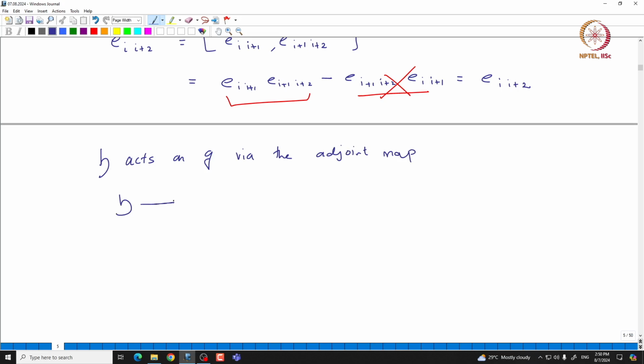Basically, you have the map ad restricted to h, sending h to ad h. This map gives you the action of h on g. Now, with respect to this action you can easily see that each element h in h acts semi-simply, or diagonalizably, on g.